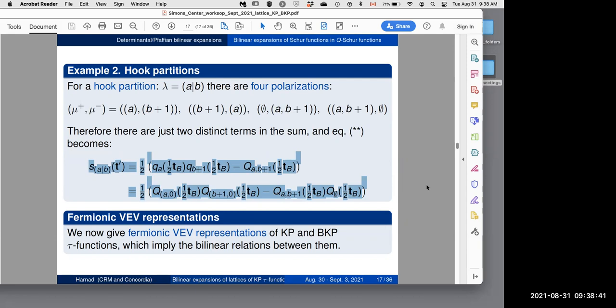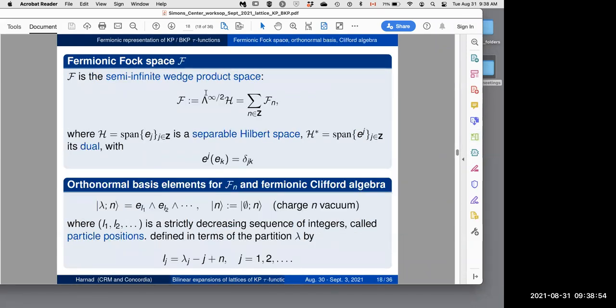Now I'm going to derive this and a more general result using fermionic vacuum expectation values. This is standard lore. It's a Clifford algebra in infinite dimensions.